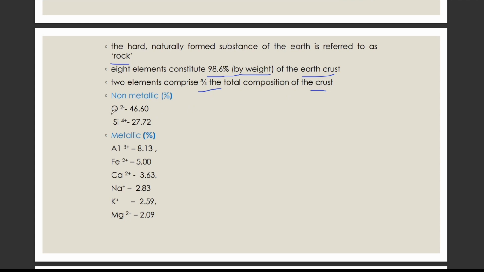Those are only oxygen and silicon. These are mainly non-metallic, and they are present in ionic forms. Oxygen constitutes about 47%, and silicon about 28%. And there are also other metallic elements like aluminium, iron, calcium, sodium, potassium, and magnesium.